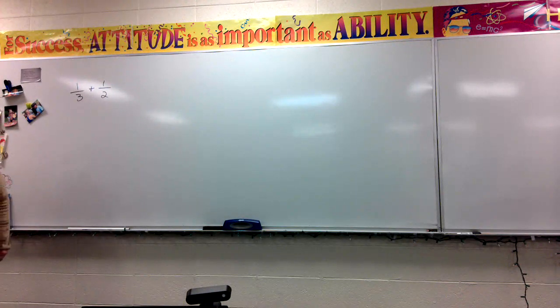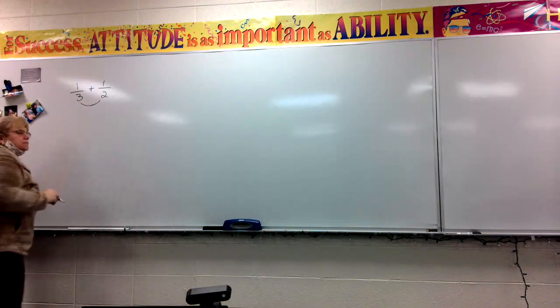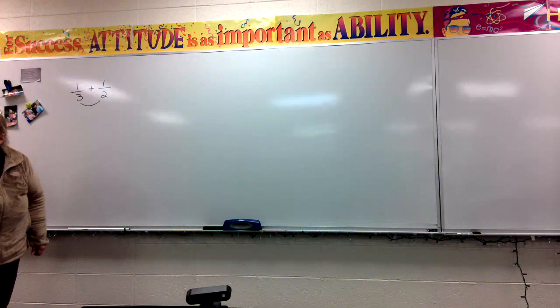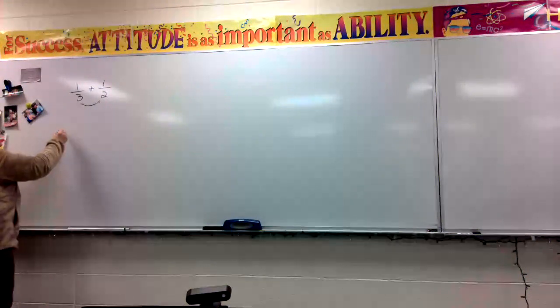They need the same bottom number, a common denominator, right? So what would the common denominator be if I had a 3 and a 2? What's 3 times 2? Right, good, it'd be 6.